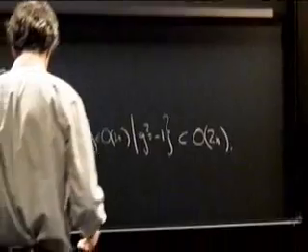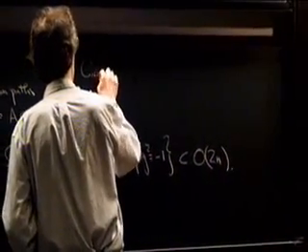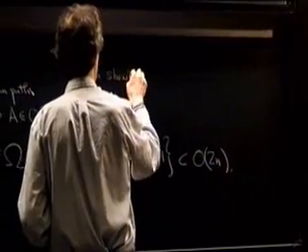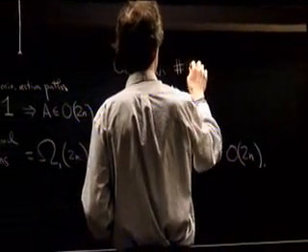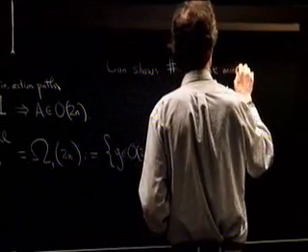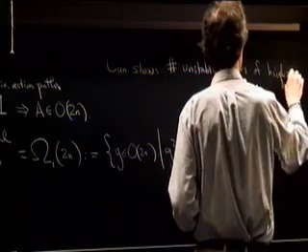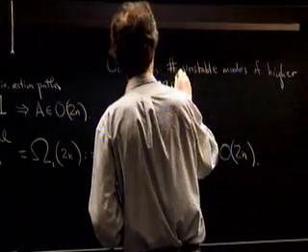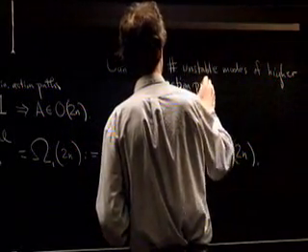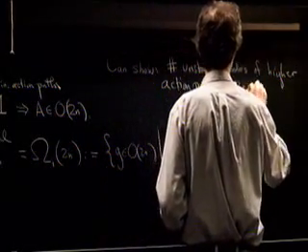Now, once again, one can show that the number of unstable modes of higher action paths is greater than or equal to 2n minus 1.